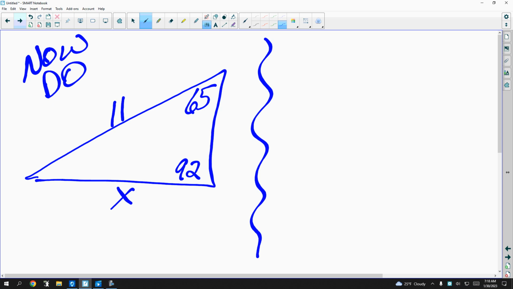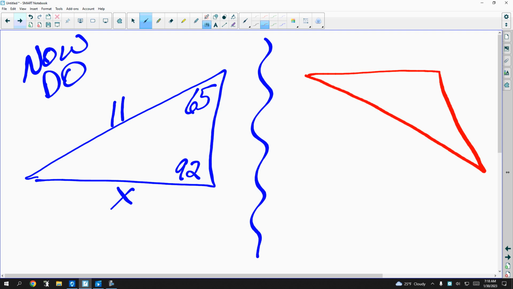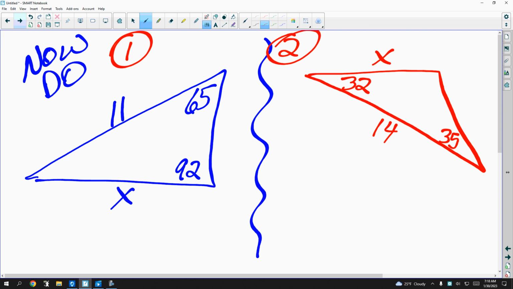And then there's that. Let's do this. And let's do that. And let's call this x. So question one and question two that I want you to do are right there. Solve for x, use the law of sines.